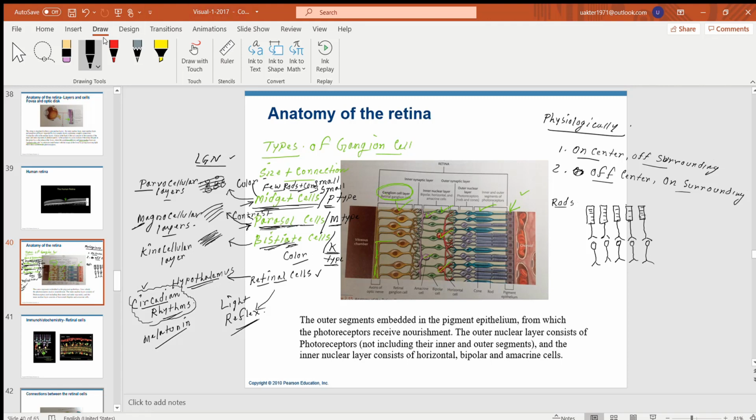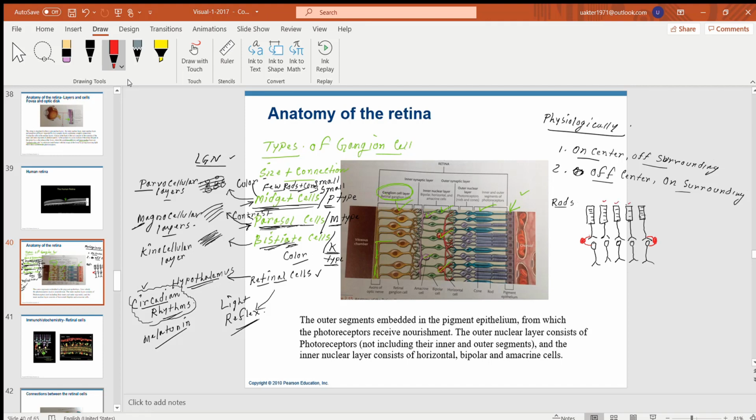Okay, and you also know that horizontal cells are here. So let's just say that this is one horizontal cell here, this is another horizontal cell here, and the horizontal cells are present in these synapses only, but not present in these 3.